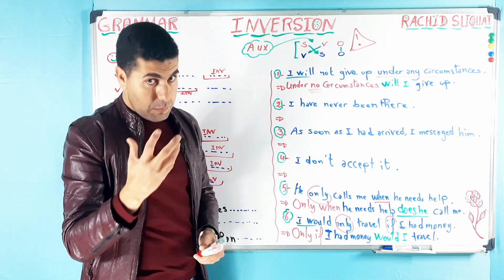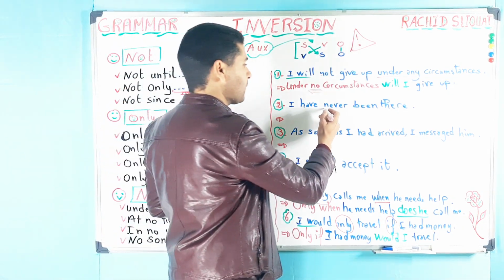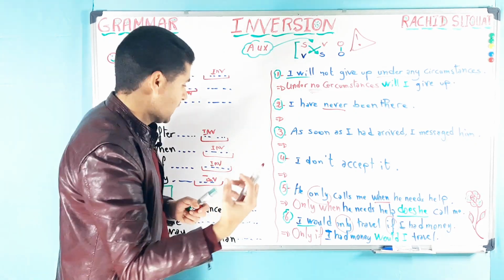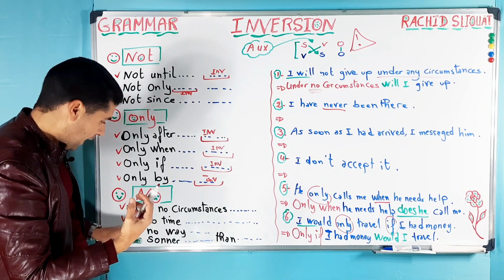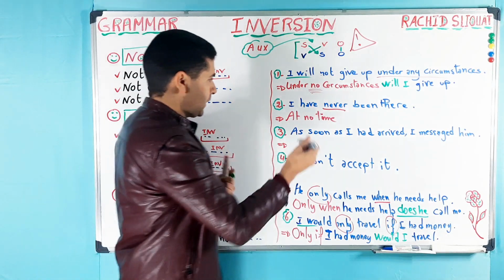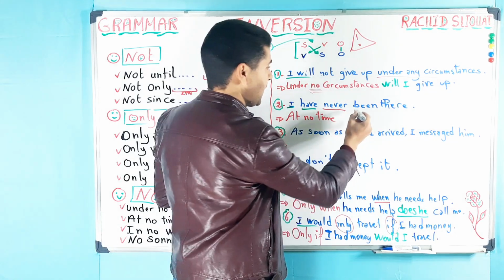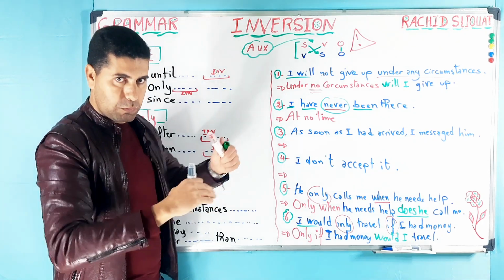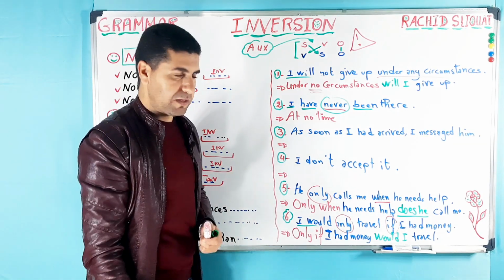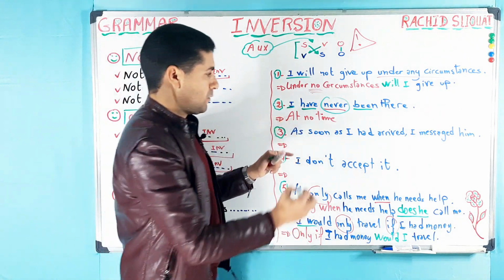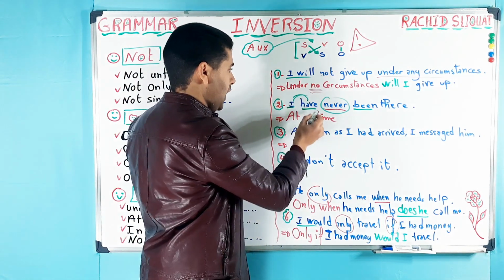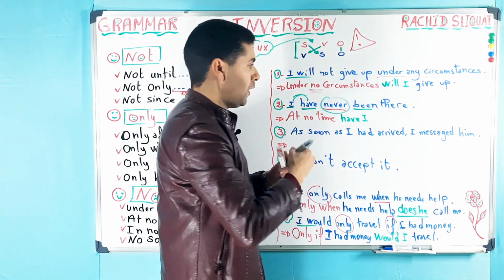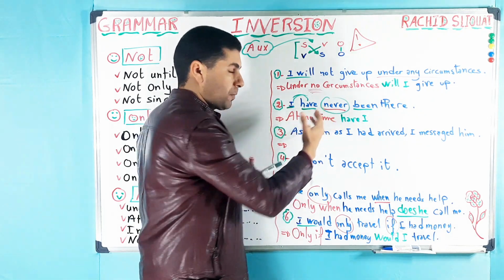Okay, let's see number 2. I have never been there. Here, as you can see, we have a negative adverb, which is never. So when we are rewriting the sentence, we have to change it into positive. Now here we are going to use at no time. We have the subject, the auxiliary have, the verb been, and the negative adverb. So at no time, we are going to invert have with I: at no time have I. Now we need the positive adverb.